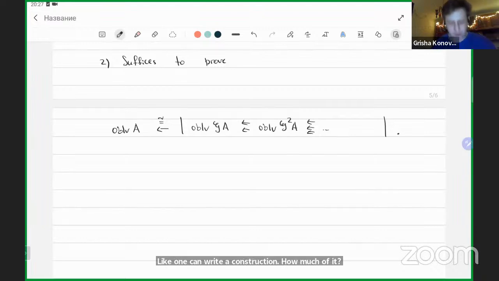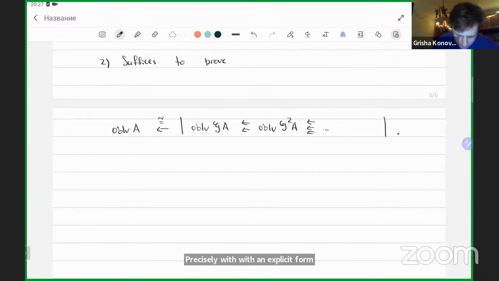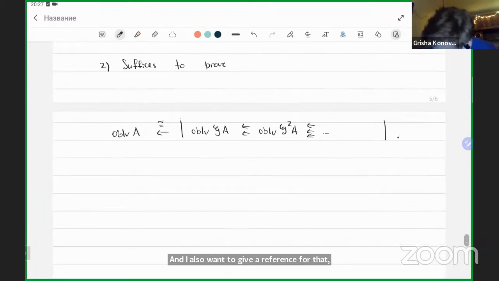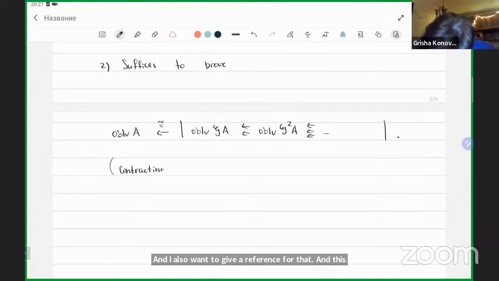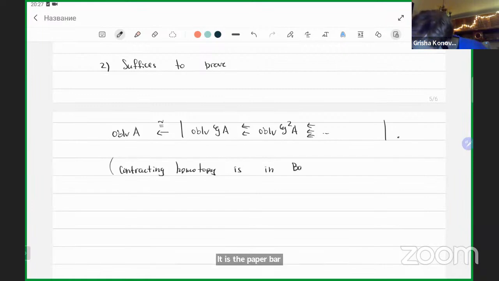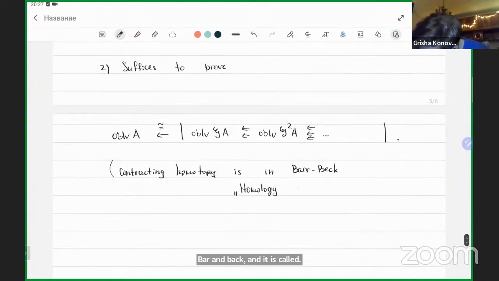I also want to give a reference for that: the paper by Barr and Beck, called Homology and Standard Constructions.